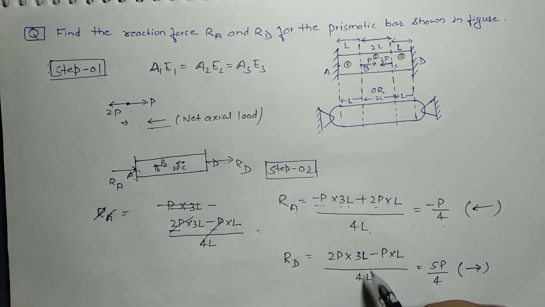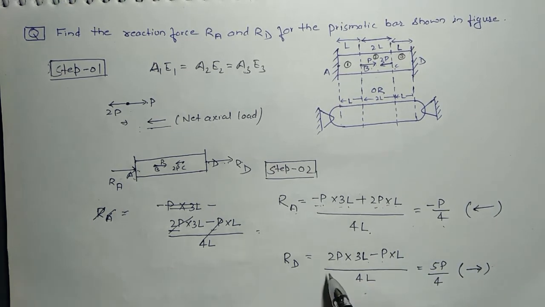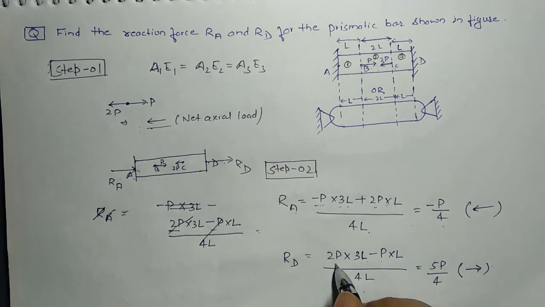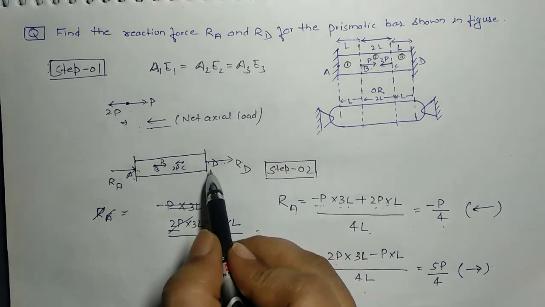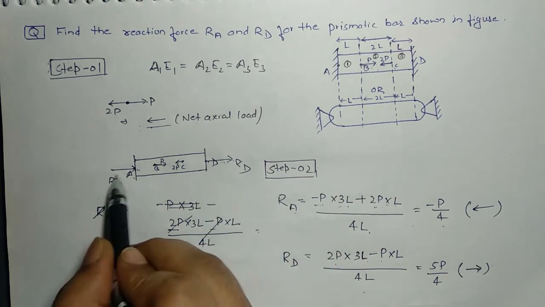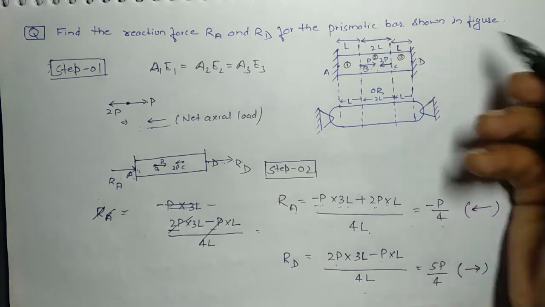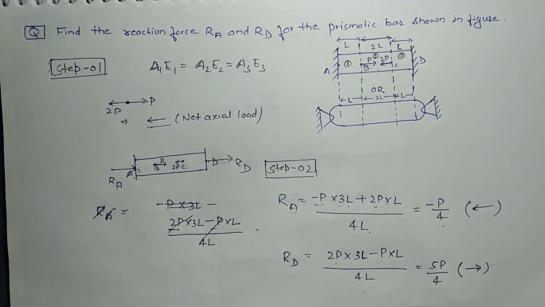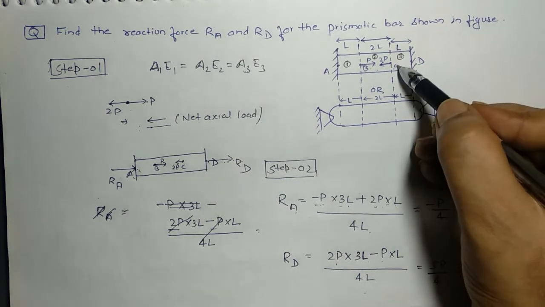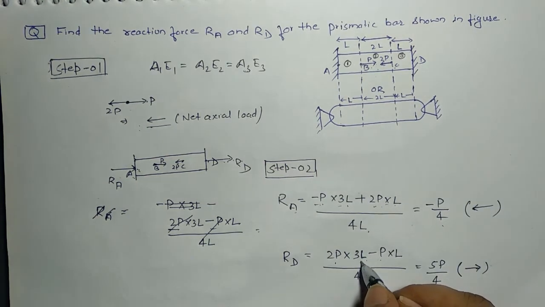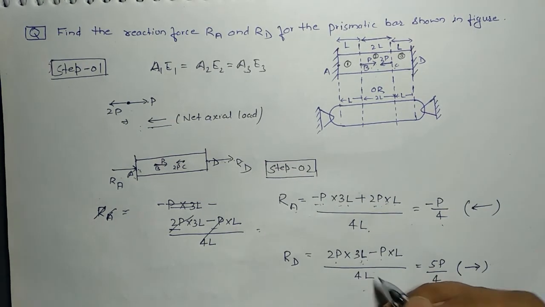RD equals 2P into 3L minus P into L upon 4L. Similarly, I have used plus 2P as the introduced reaction force and the given axial force 2P are in opposite directions, so I have used plus 2P, and the distance between C and A is 3L, so I have used 3L.